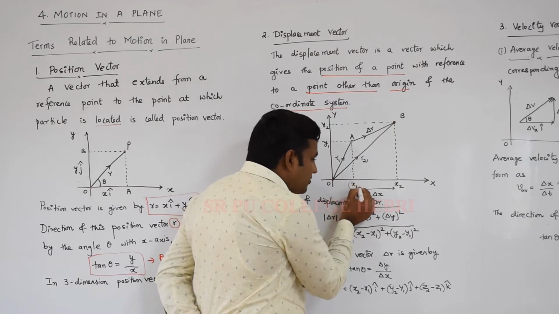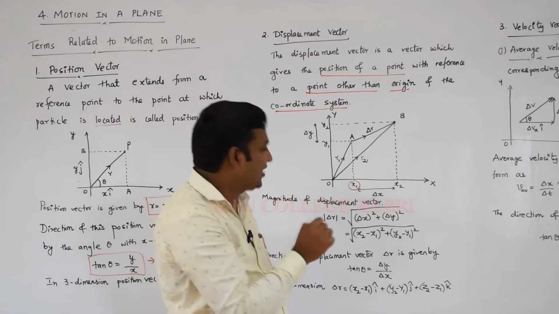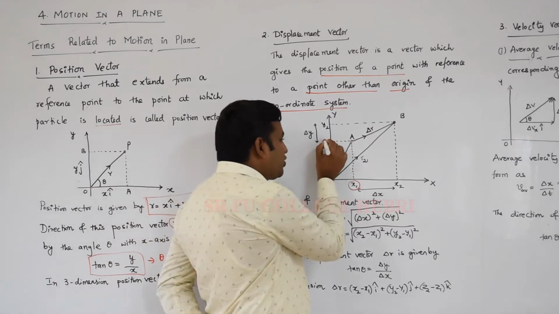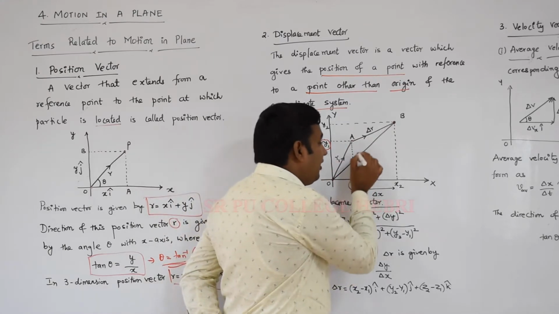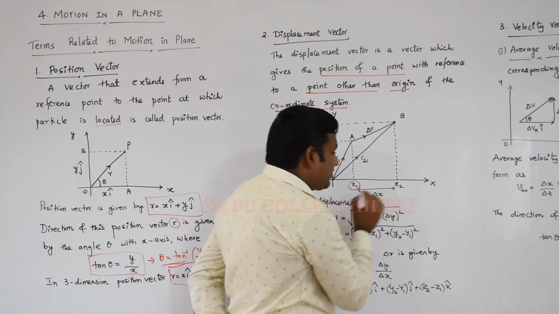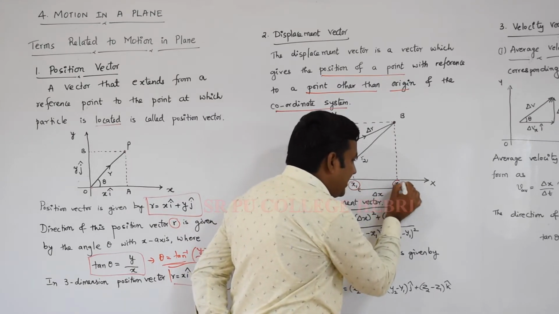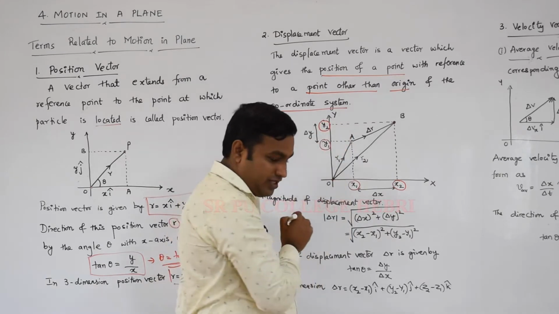Along the x axis the component is x1, along the y axis the component is y1. Again remember, another vector R2 is located at a point B; along the x axis its component is x2, along the y axis its component is y2.